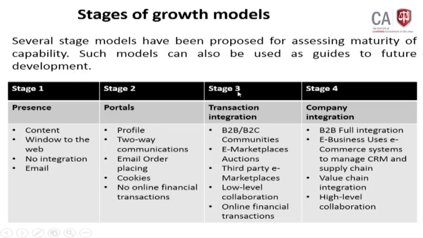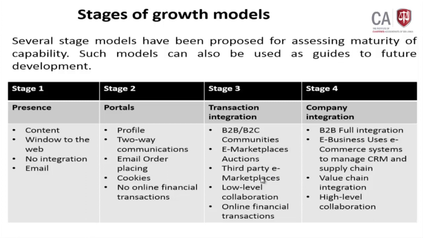Stage 3: transaction integration. The transaction process has to be integrated. B2B and B2C communities, so business to consumer and business to business, can be involved. And there can be an e-marketplace for auctions for selling goods, and also a third party e-marketplace.